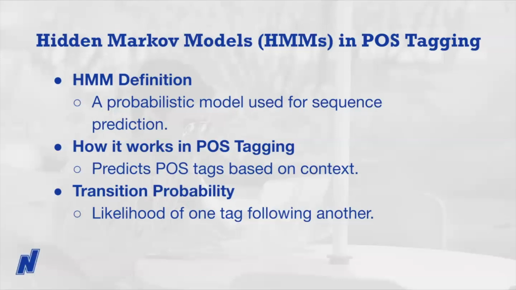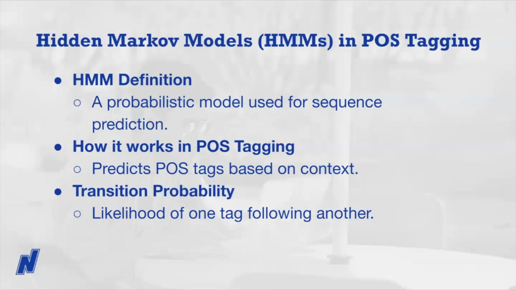The Markov assumption behind the HMM simplifies the problem by stating that the probability of a word's part of speech depends only on the part of speech of the previous word. In other words, the part of speech of the word you're tagging is based on the assumption that the previous tag influences it the most.